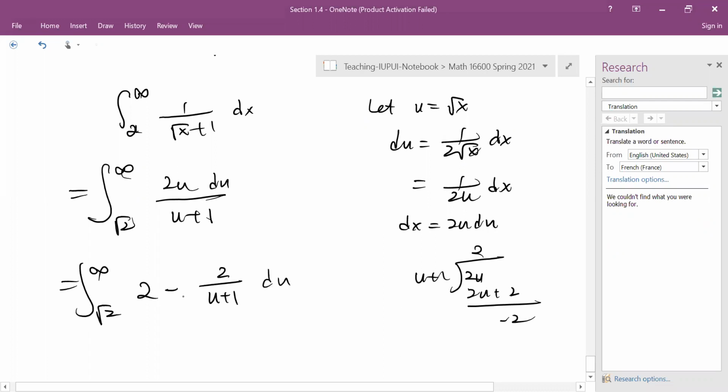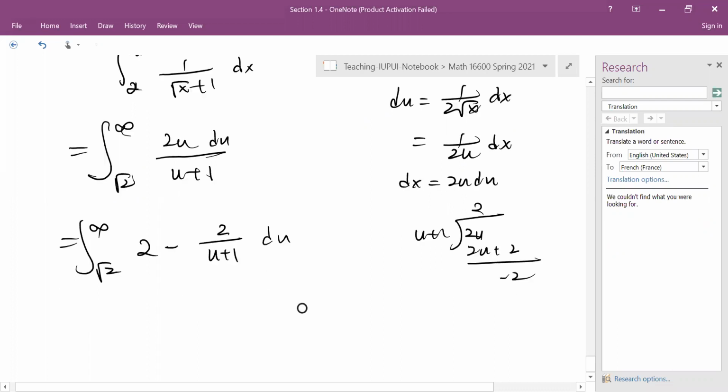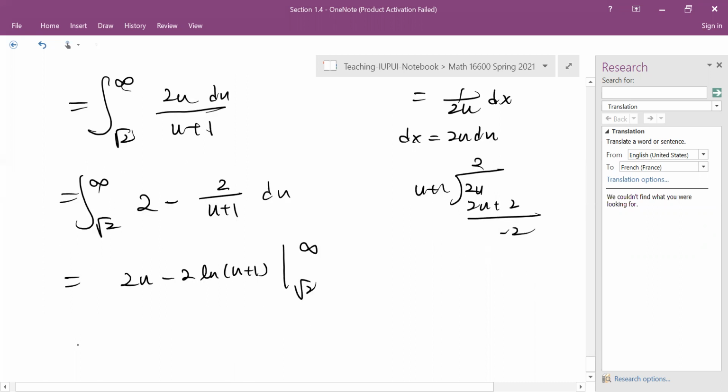The remainder is -2. So the antiderivative is going to be 2u minus 2 natural log of u plus 1, and then evaluate to the endpoint, and clearly this can be infinity. Okay, great. So we can use the integral test to prove that, because this time we can evaluate this integral.